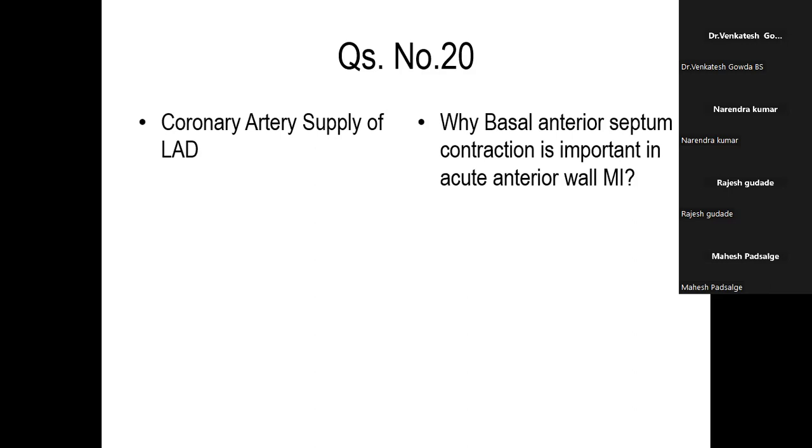Interventricular septum. What part of the interventricular septum? Vibhusha, this is very simple. In four chamber view, what are the segments supplied by LAD? Apical septum, yes, sir. Apical lateral wall, yes, sir.